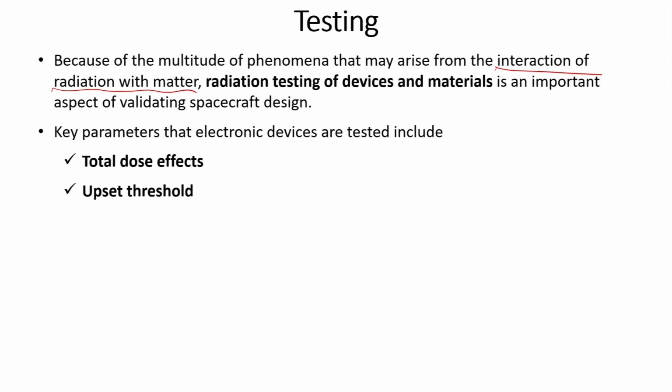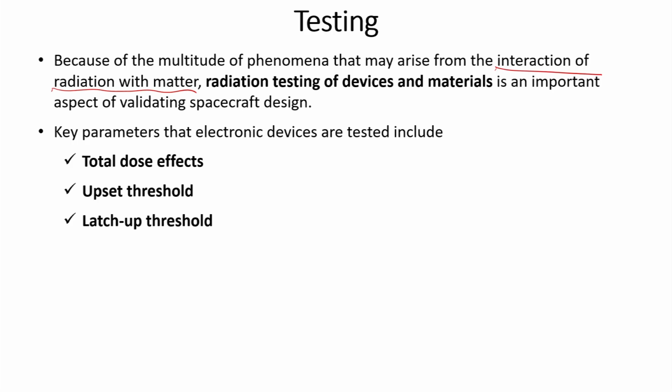What is upset threshold? Upset threshold means the single event upset: what energetic particle the material can withstand so that upset of the semiconductor device does not happen. You need to estimate through testing what that threshold for upset is. Similarly, the latch-up. We already discussed the single event latch-up. All those effects will have a threshold.